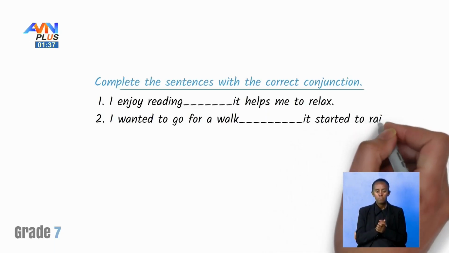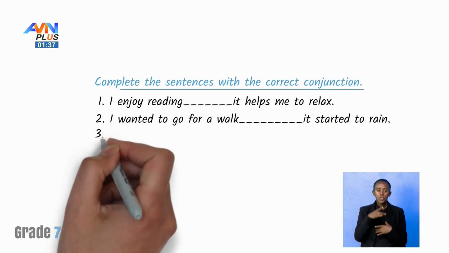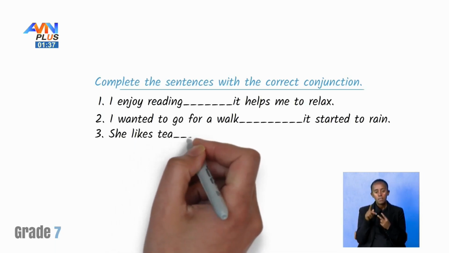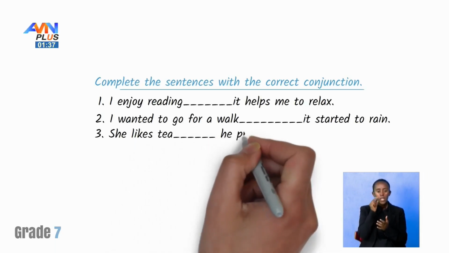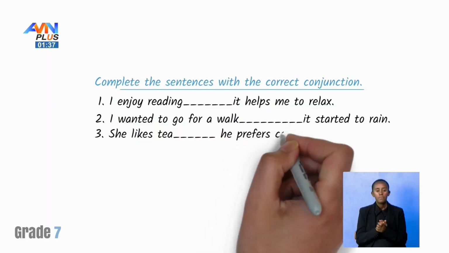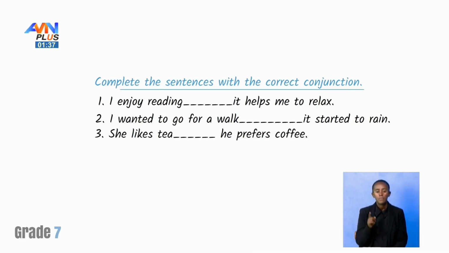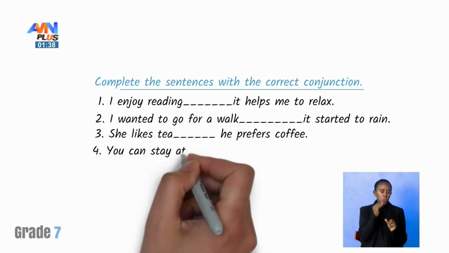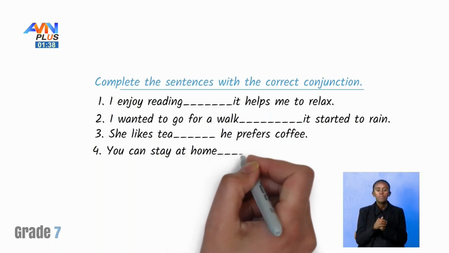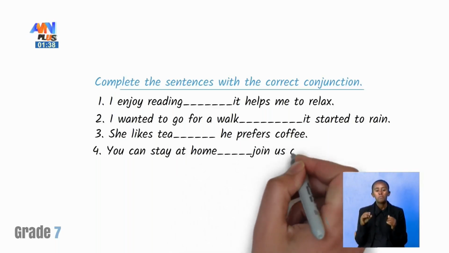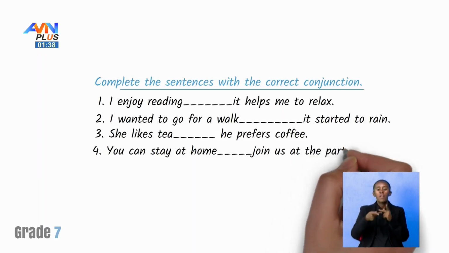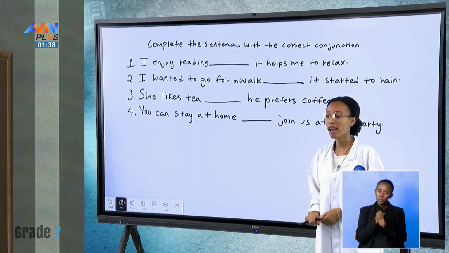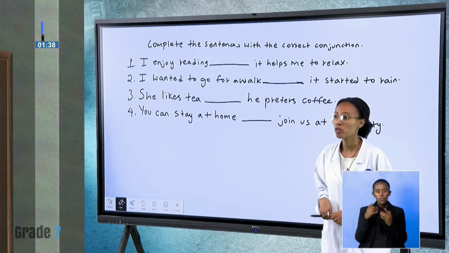Number 3: She likes tea, blank, he prefers coffee. Number 4: You can stay at home, blank, join us at the party. Okay, so these are all the questions I want you to do quickly. I will give you 4 minutes to finish, and then we'll come back and do it together.